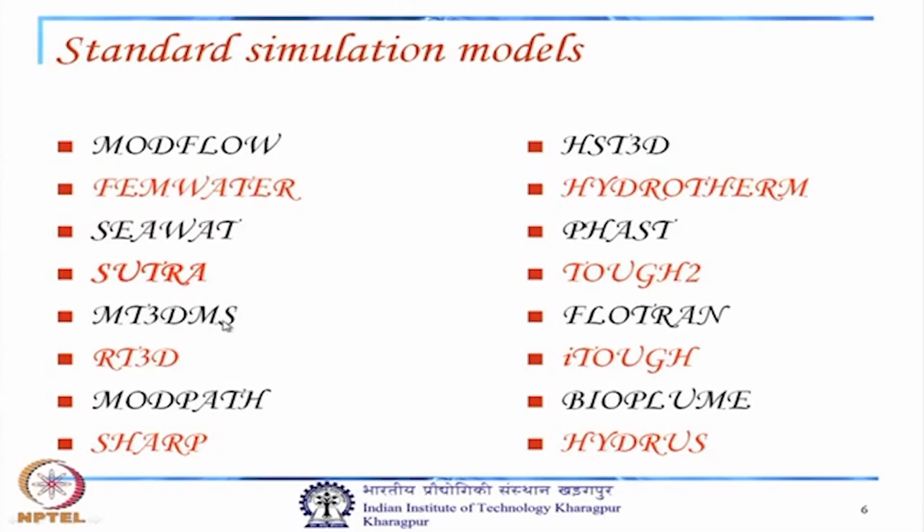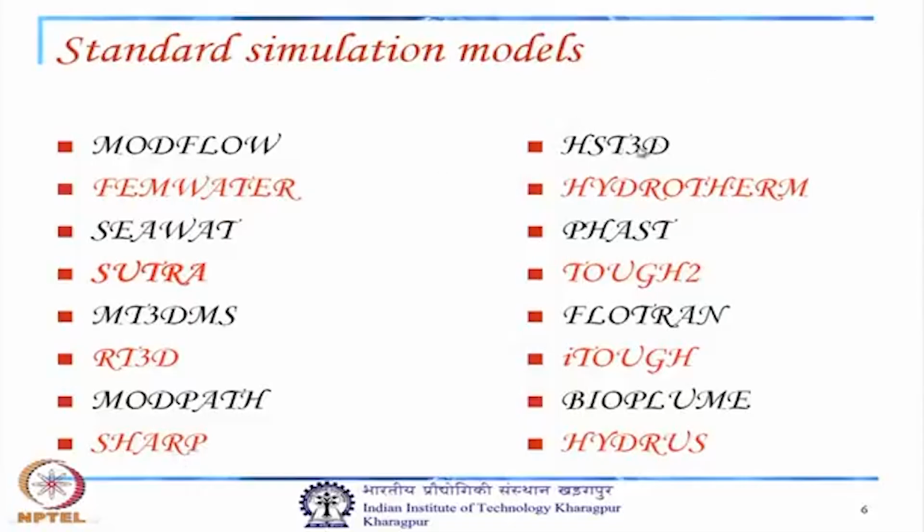MT3DMS, this is for contaminant transport with multiple contaminants. RT3D, this is reaction with reaction. MODPATH is for flow path identification in groundwater. Then SHARP, this is a 2-dimensional quasi 3D simulation model for saltwater intrusion modeling, and this is based on the sharp interface.